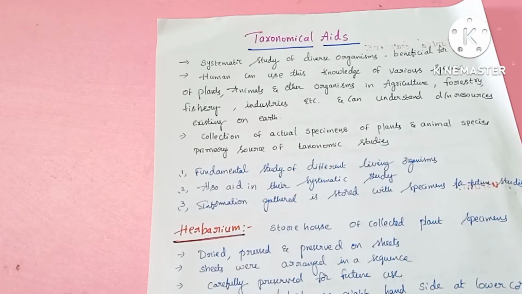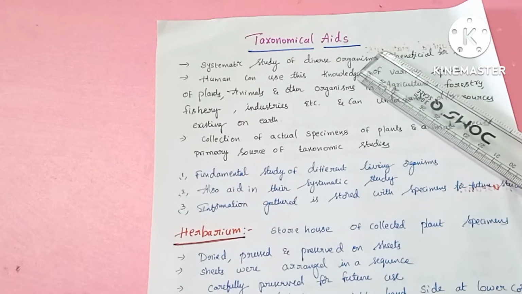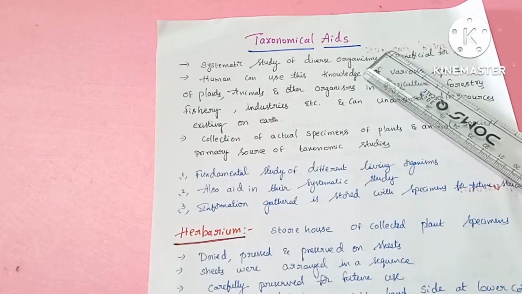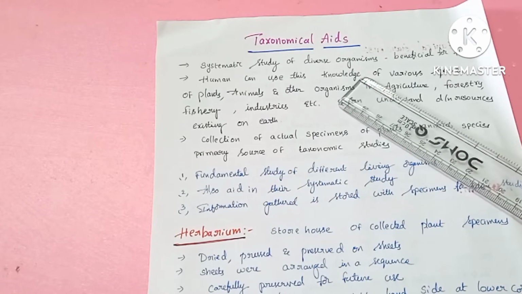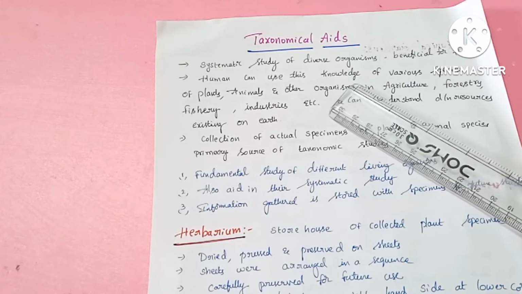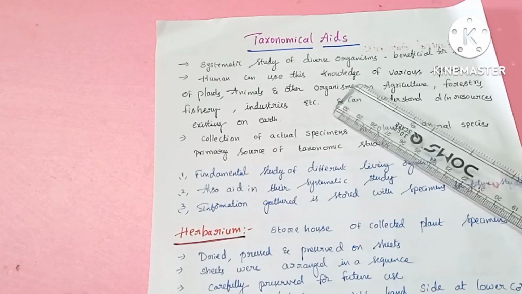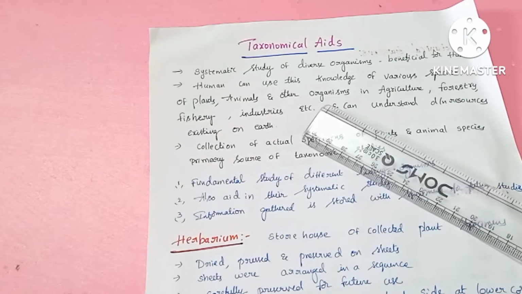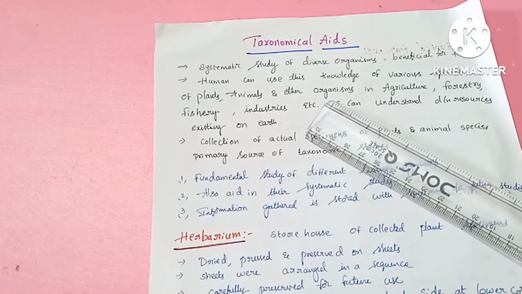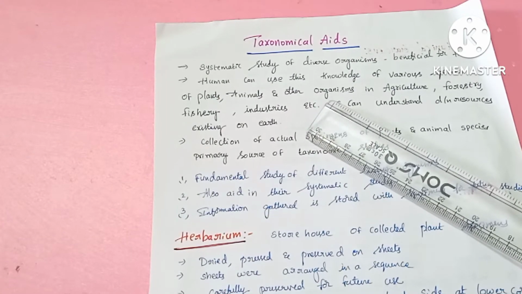In this video, we are going to study the last topic in the living world, that is the taxonomical aids. So, what is the importance of studying living organisms at the taxonomical level? We know that there are several living organisms present on earth. So many plants are present, animals are present, right? By the systematic study of all these living organisms, we gain some knowledge, right?